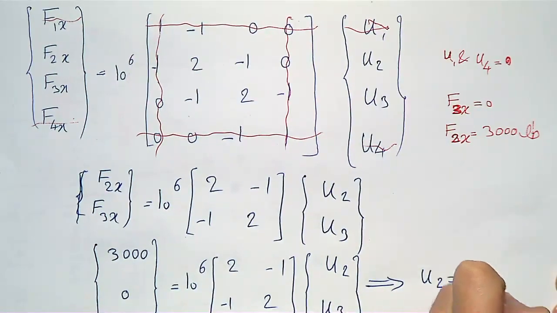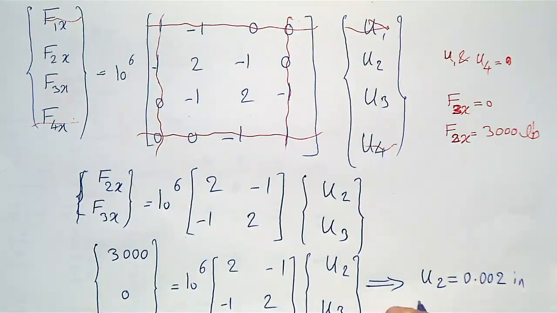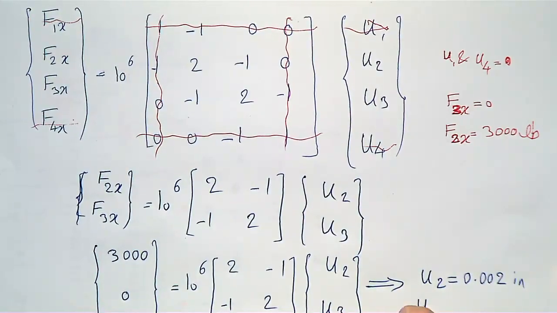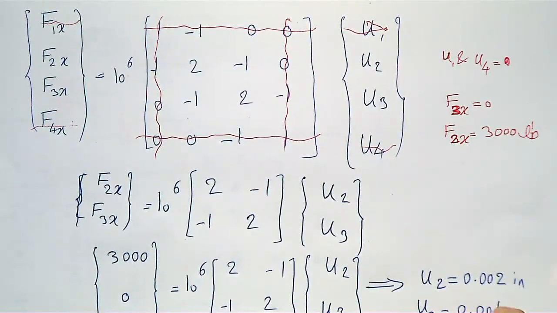So this would be the final displacement at node number 2, and U3 would be 0.001 inch.